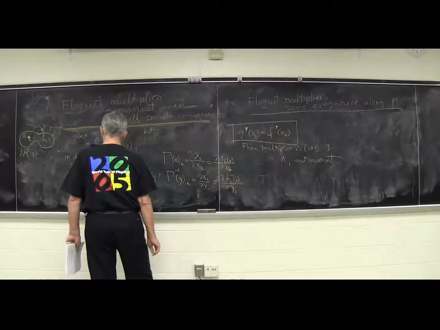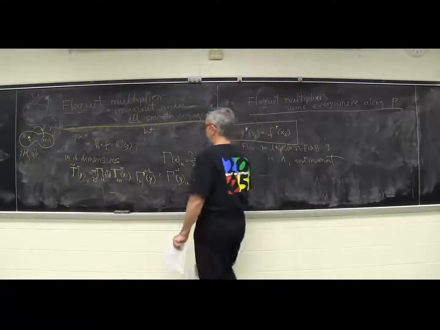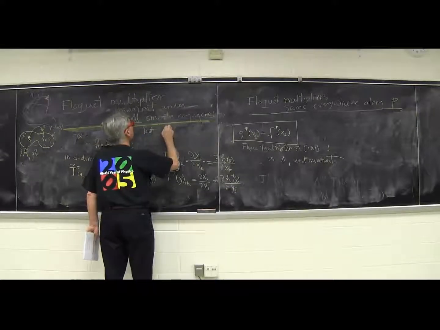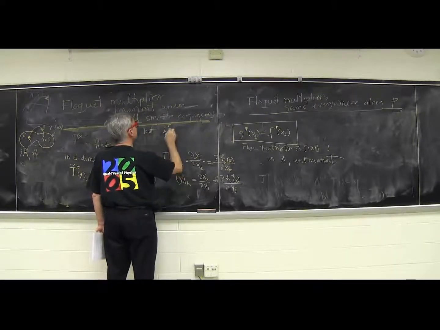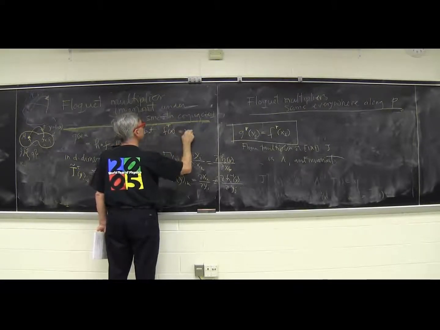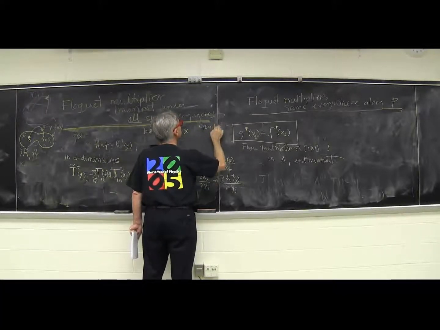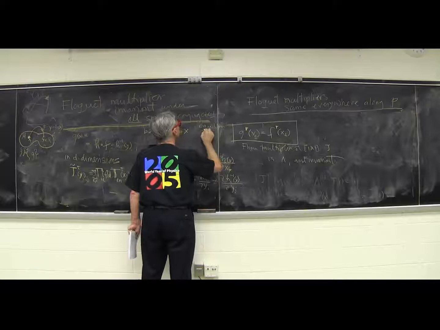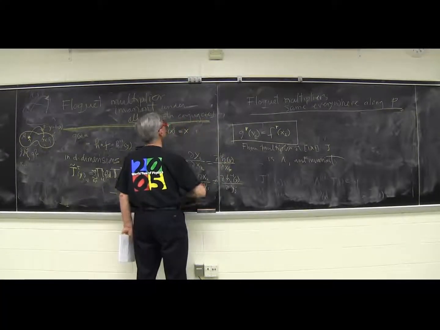Now, if f of t of x is x, so this is an equilibrium or fixed point. Well, actually, in my notation, this is always called a fixed point.